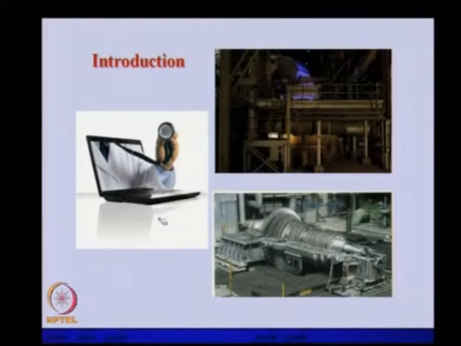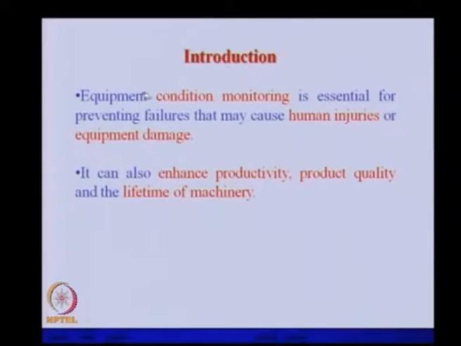Based on that, we will have some kind of expertise, maybe heuristic expertise, in which we can correlate the symptoms of the fault and what type of fault reflects what kind of symptoms.